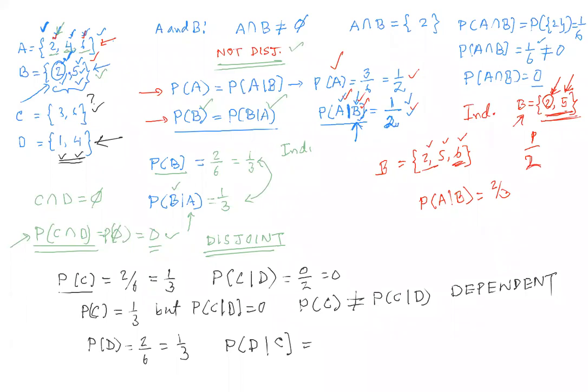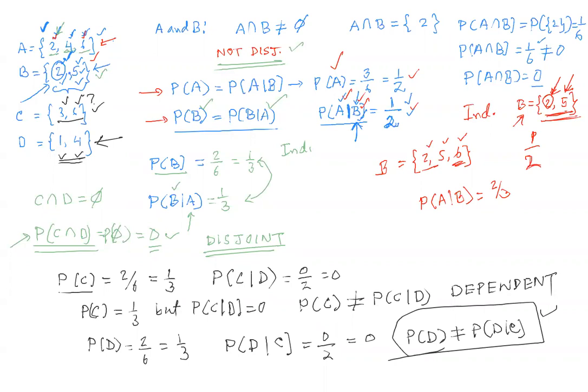If I know that C has happened, it's either 3 or what? 6. If I know that C already has happened, D cannot happen because D does not have 3 and 6. So it's 0 out of 2 or 0 out of 6, whatever way you say it, it should be 0 out of 2. So that's 0. So again, probability of D is not equal to probability of D given that event C has happened.